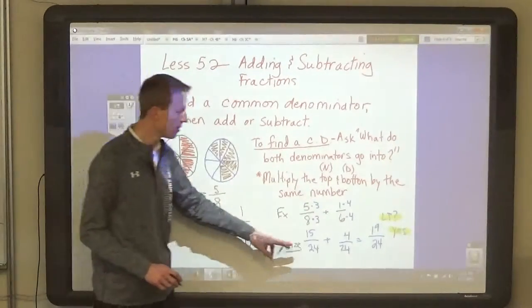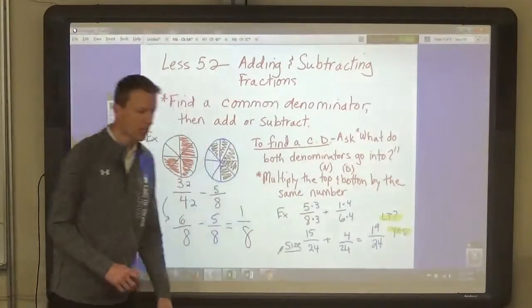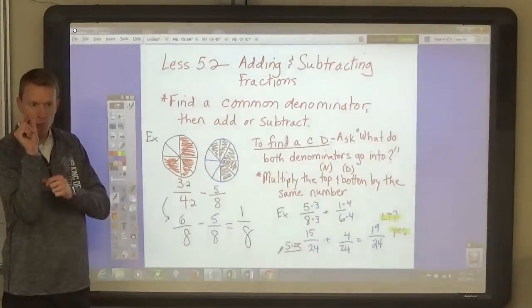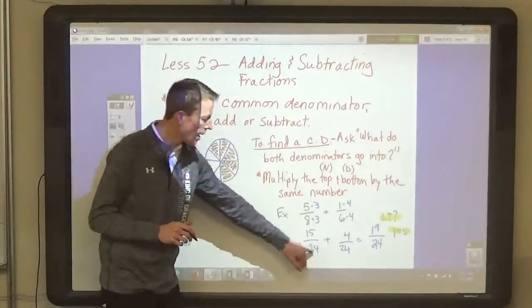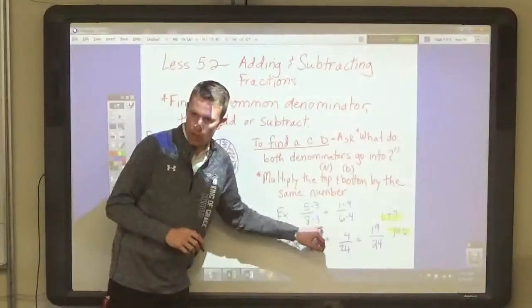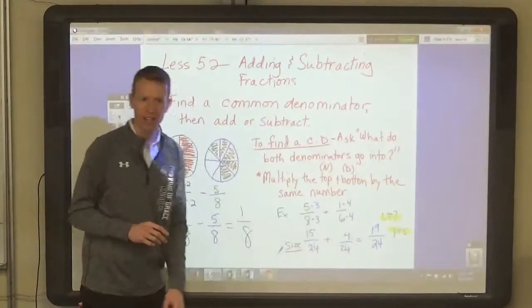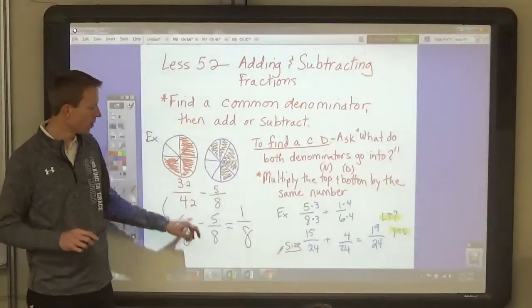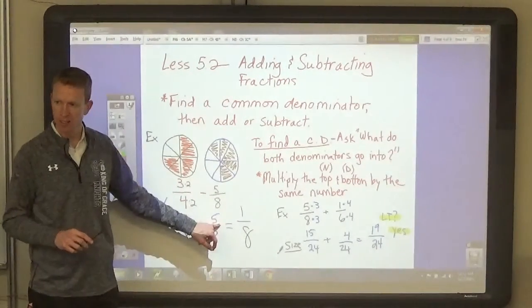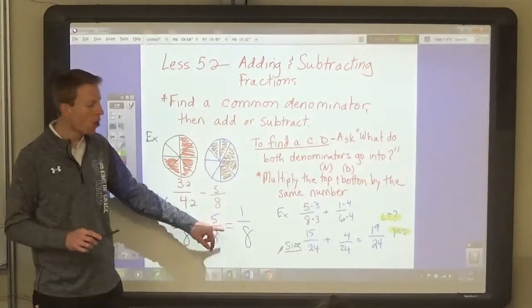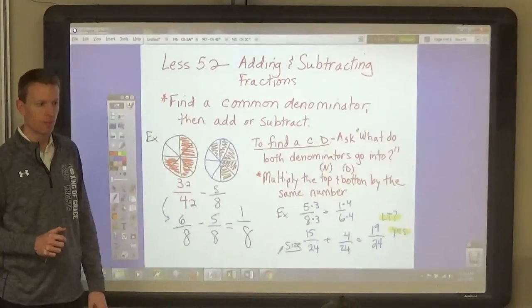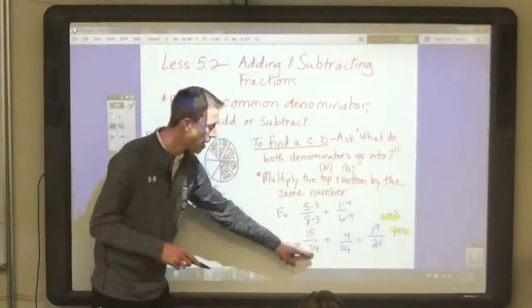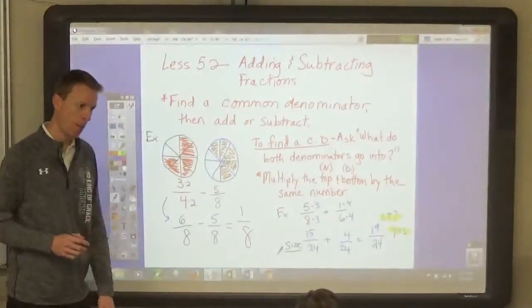So we didn't make this 48ths. That would be really, really small pieces. Right? The size of the pieces does not change when you add the pieces together, or subtract the number of pieces. That's why you don't add or subtract the denominators, because this is telling you the size of the pieces.